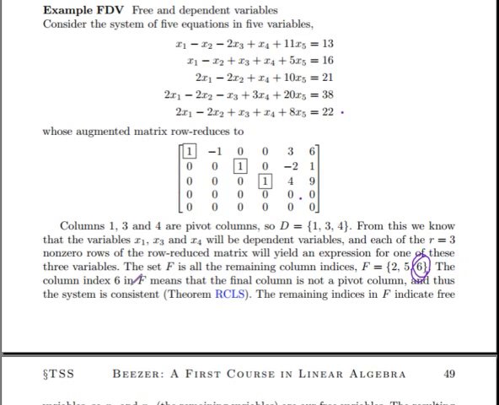There's an important point that's going to be proved later. Notice that this last column, the column 6, which corresponds to the constants in the equations, is not a pivot column. It turns out that if the last column is a pivot column, then the system is inconsistent.